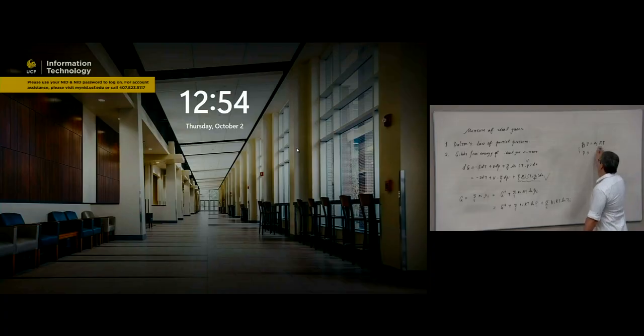Okay, so, question. This is the mixed gas. Right now, consider we have a tank of gas. Total particle number of N, the molar number is N, the pressure is P. And we only have a single type of gas inside the tank. So what is the Gibbs free energy of this gas?